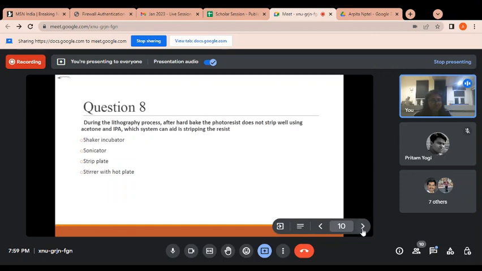So if we put the device into one of these systems, then the photoresist is easily stripped or removed, which is not removed by the acetone or IPA after the hard bake.